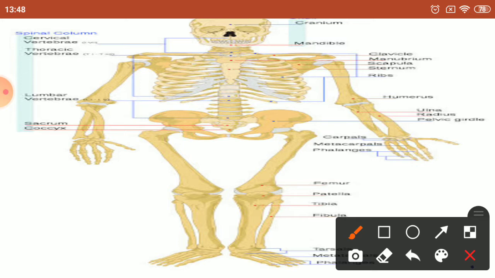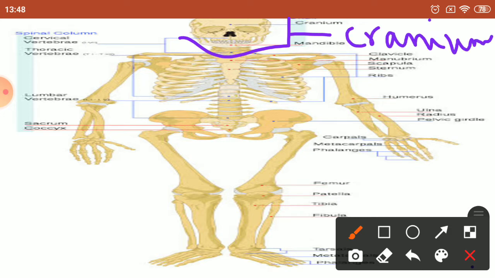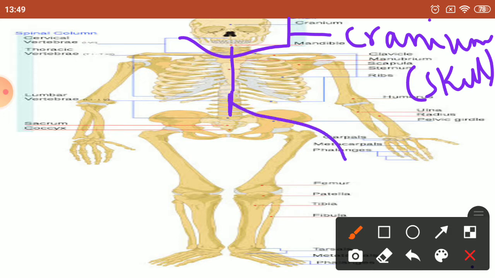Now we divide this skeletal system into some parts. The first one is your cranium, or you can even call it a skull. It is a part of the skeletal system. The second part is the backside part, that is nothing but your backbone.